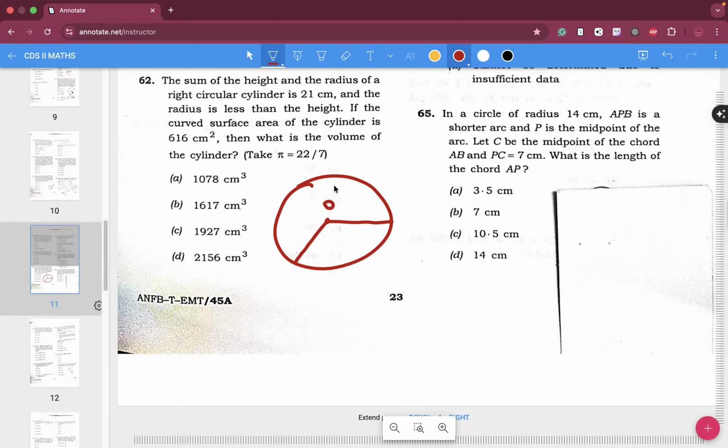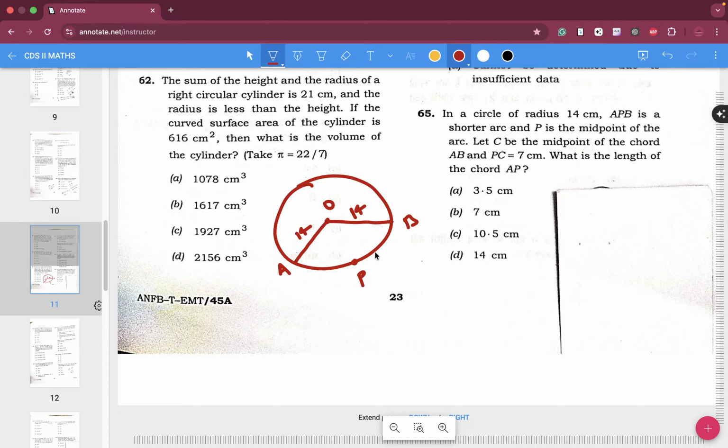This is your O, and this is your 14 and this is your 14. APB is a shorter arc and P is the midpoint of the arc.